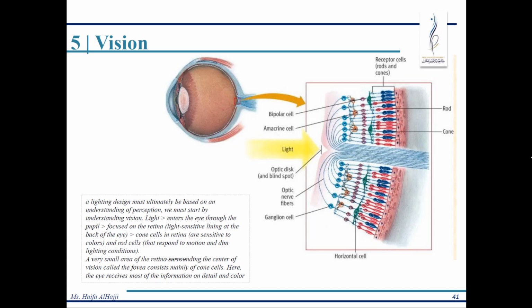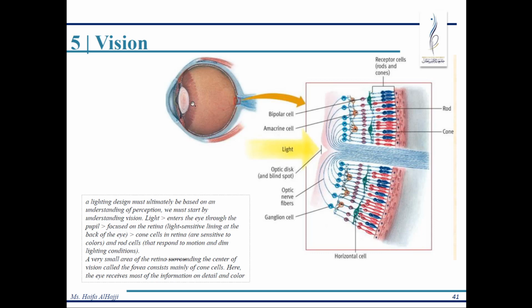So now let's talk about vision, which is important to understand so we can understand how the human eye will perceive the light around it. We don't need to know much detail, we just need to know that the light enters the eye through the pupil. The pupil dilates, opens or closes, according to the brightness ratios outside.